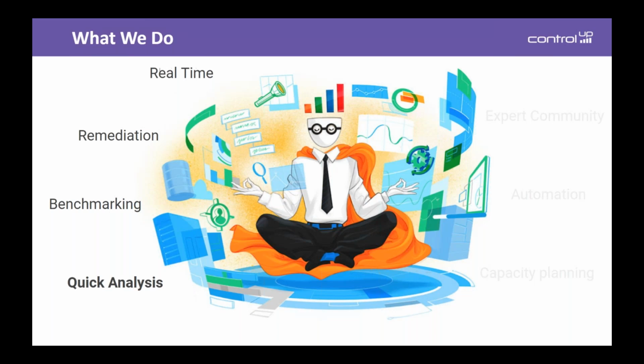ControlUp does quick analysis, so it's a product where we've spent a lot of time to try to help you troubleshoot faster, help you get to the root cause faster. And one of the ways we do that is we have this feature called stress, where once you've crossed a particular threshold, a color changes within one of the properties of one of the objects.